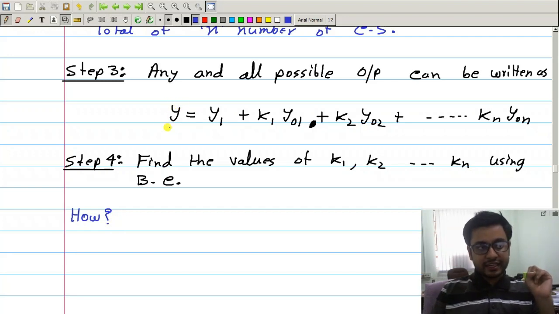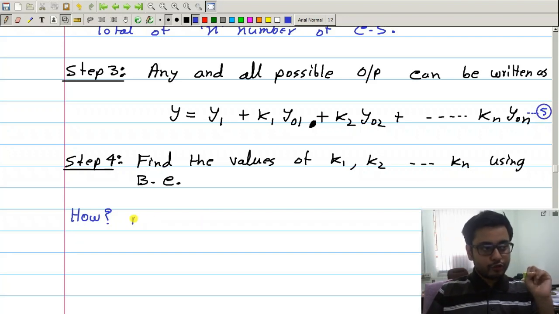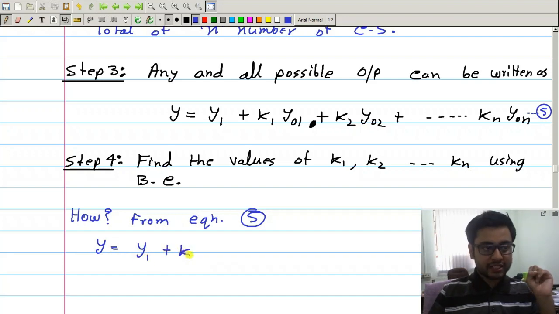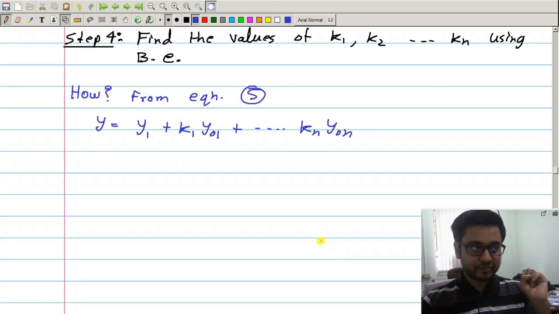So this is the general equation for all possible outputs. Call it equation 5. So from equation 5 we have y is equal to y1 plus k1 y01 plus kn y0n, where y1, y01, y0n, all of them are known, only these constants are unknowns.